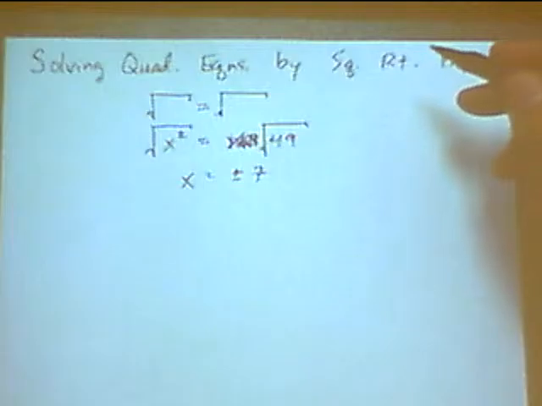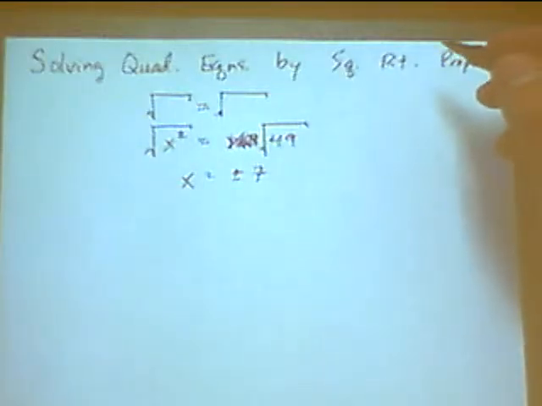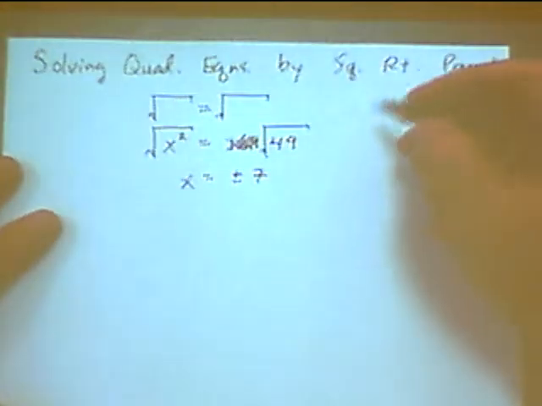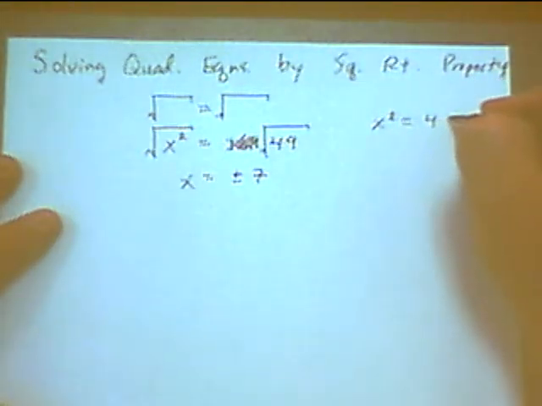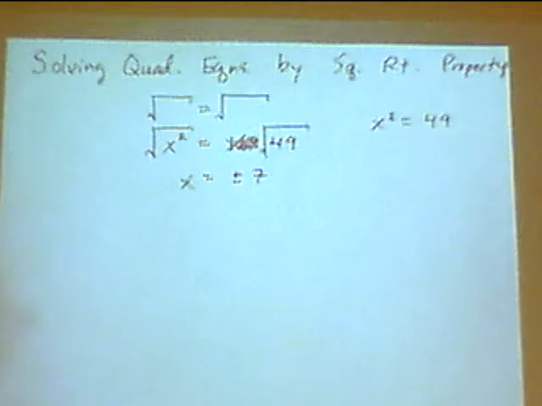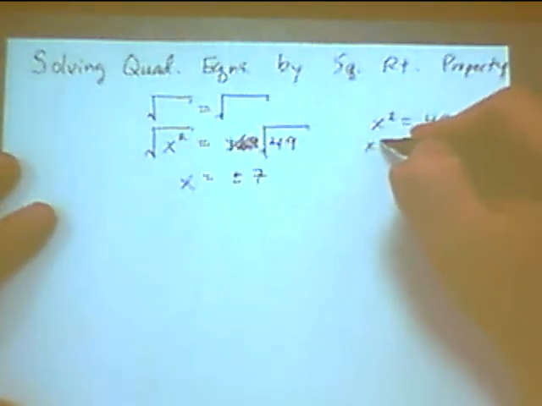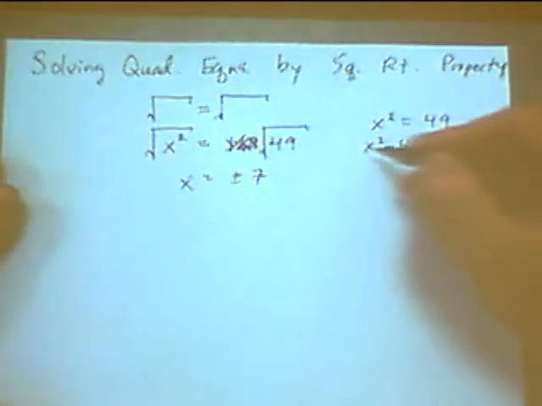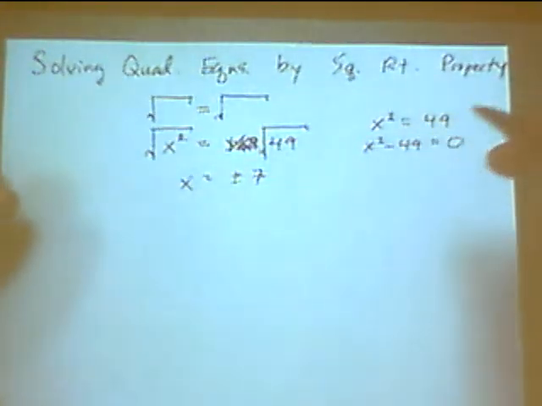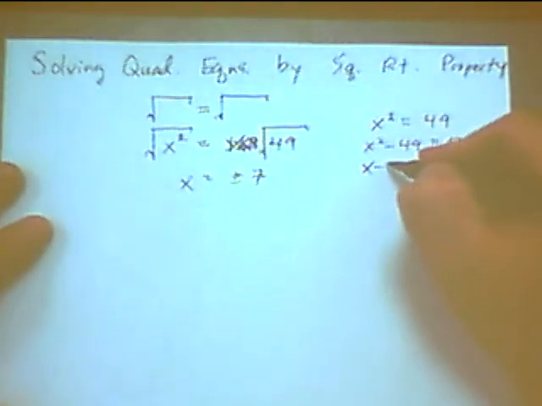Just for fun, I'm going to go off to the side very quickly. Here was this original problem. Someone might have tried to solve this problem by factoring, which means you get everything on the same side, and then you factor. This is a difference of squares.